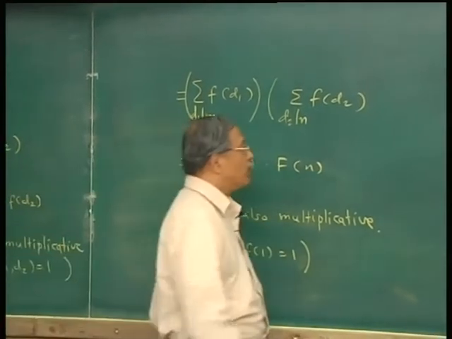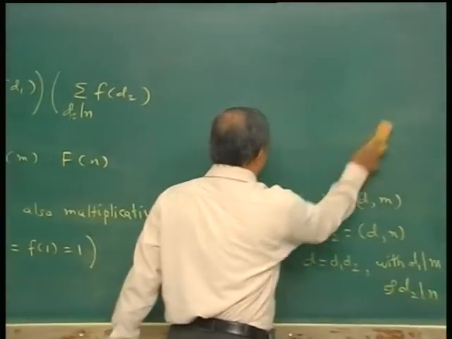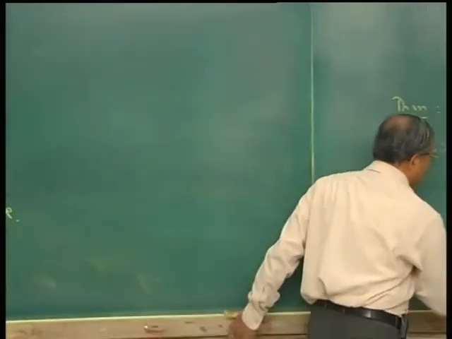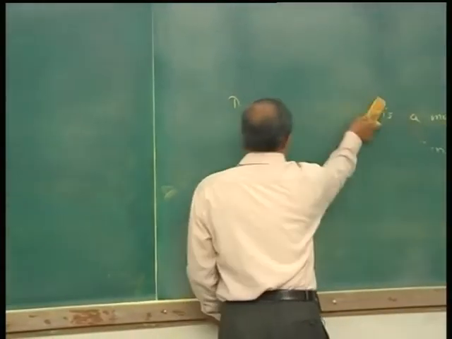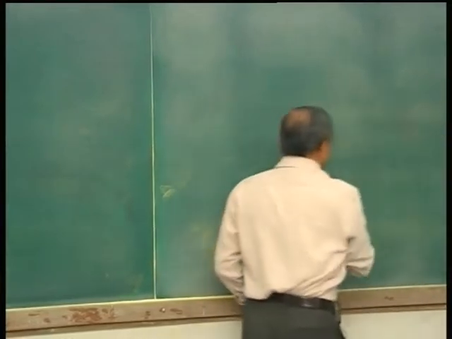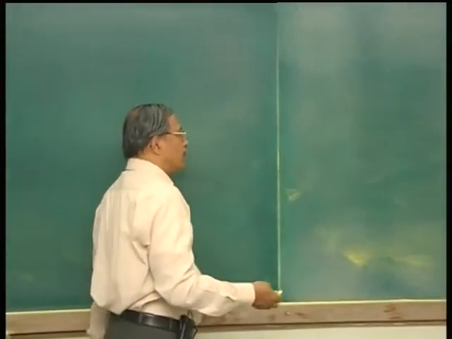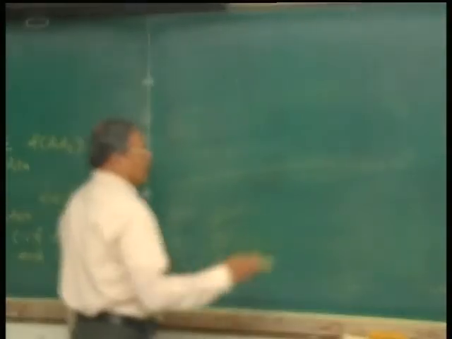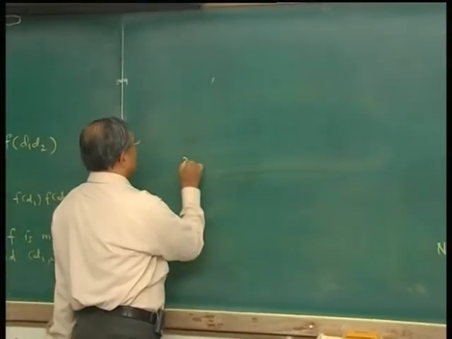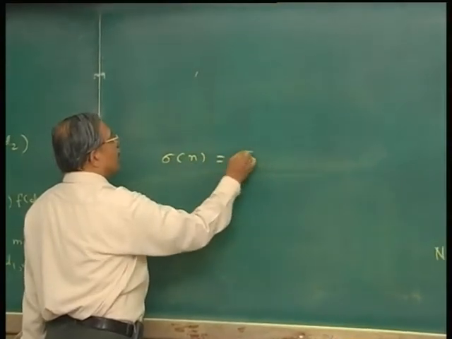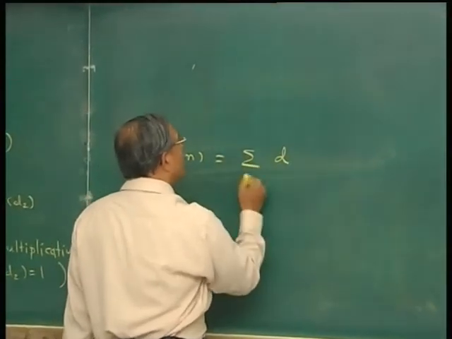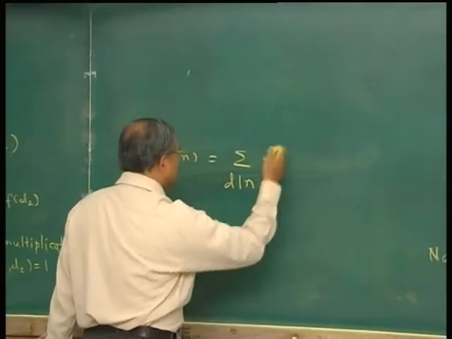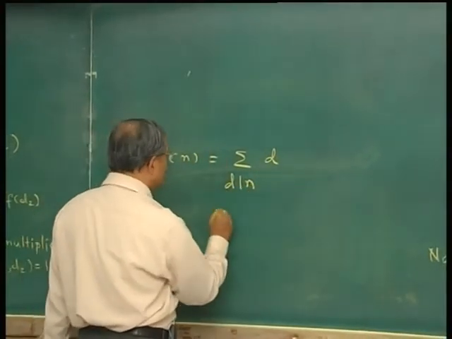And this is very useful in finding formulae for some arithmetic functions which are multiplicative. So start with a multiplicative function, get a new function, and it will also be multiplicative. So here actually the function sigma of n was summation d divides n, and this function actually that we had considered was like this.